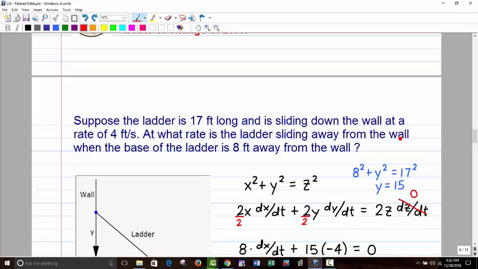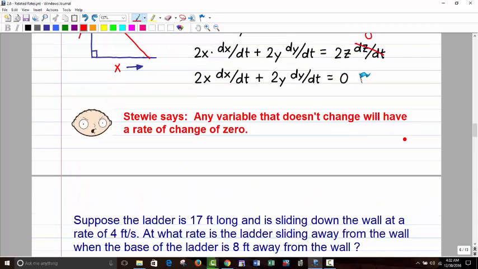All right, let's try a ladder problem out here. Suppose we have a ladder that's 17 feet long. It's sliding down the wall at a rate of 4 feet per second. At what rate is the ladder sliding away from the wall when the base of the ladder is 8 feet away from the wall? Okay.